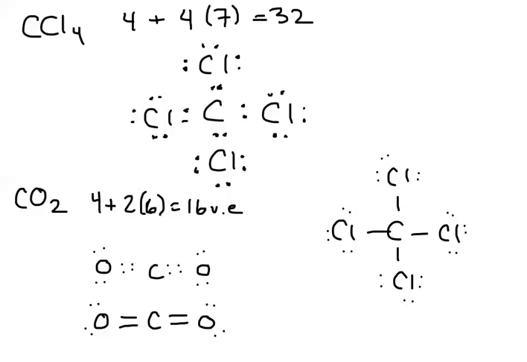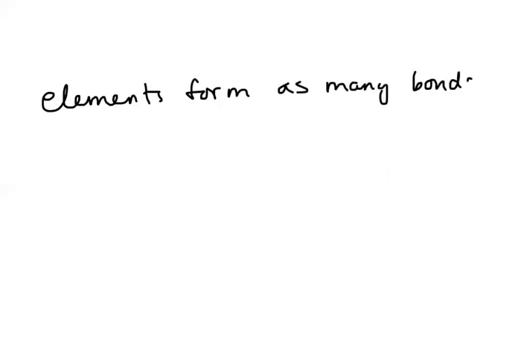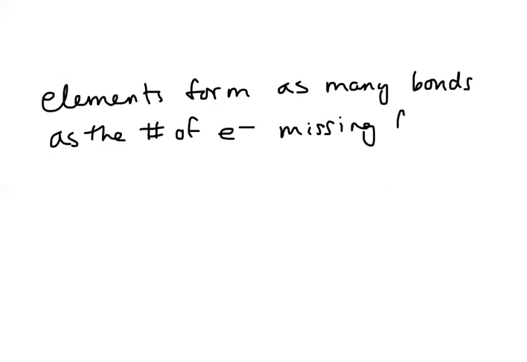In general, except for in a diatomic molecule, where there's only 2 atoms, the rule is elements form as many bonds as the number of electrons missing from their octet.